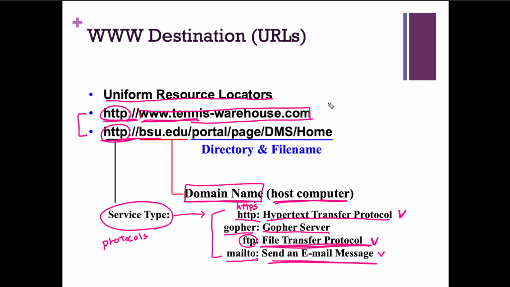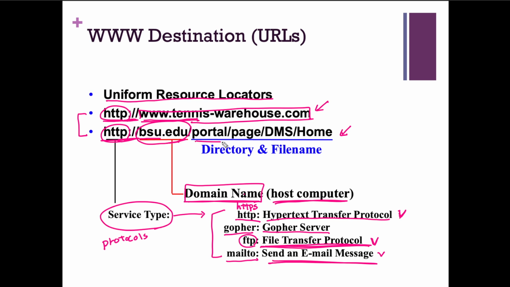In this case, you're looking for a computer named tenniswarehouse.com. But in this case, we are looking for a computer called bsu.edu. This is a long domain name, but this is a short domain name. bsu.edu is a short domain name. So some domain names are longer than others.